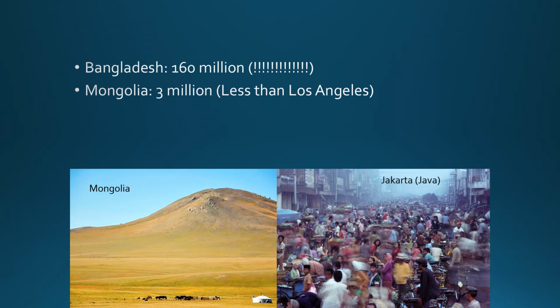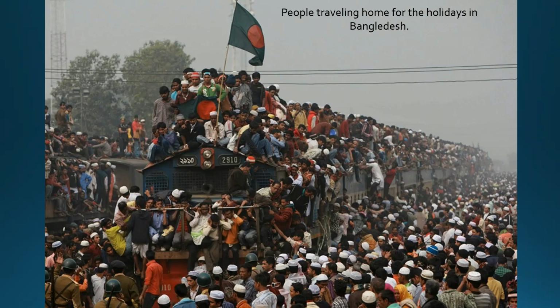Versus Mongolia, which is a fairly large country, they have fewer people than the city of Los Angeles does. Java, which is an island in Indonesia, has 145 million people on it, more than the entire country of Russia. So again, this population density is unevenly distributed throughout the planet. Here's a picture of people traveling home for the holidays in Bangladesh, right? Very, very densely populated.